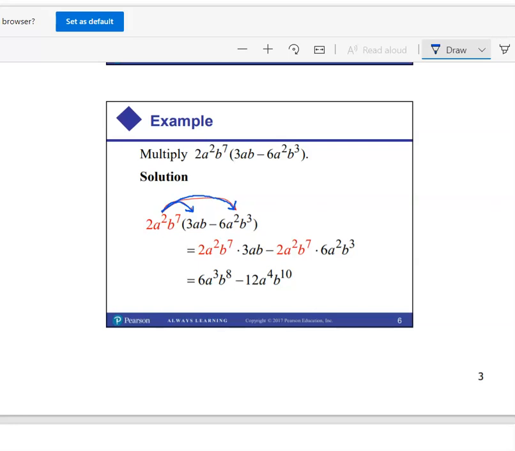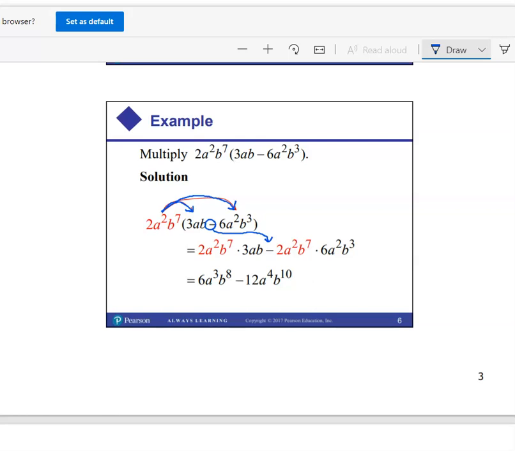The first time they said 2a squared b to the 7th times 3ab. The second time they've got 2, and they put a minus right here, because we're doing 2a squared b to the 7th times 6a squared b to the 3rd, which is what they have written right here.